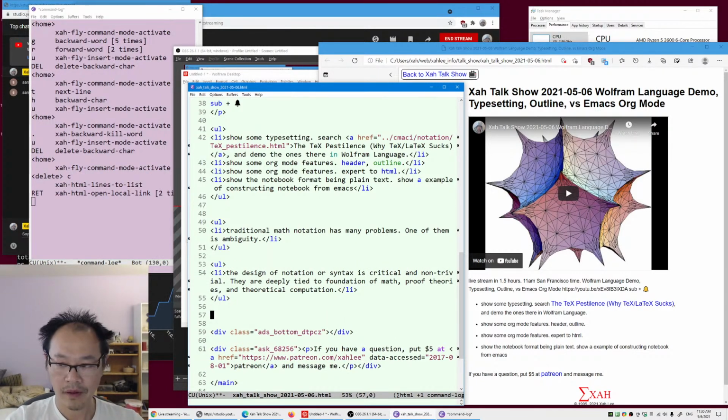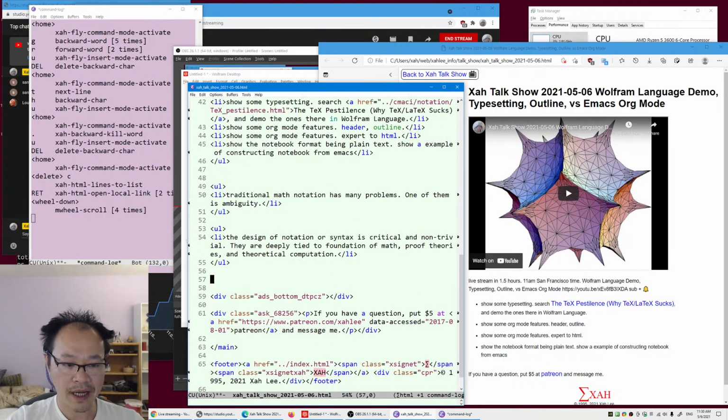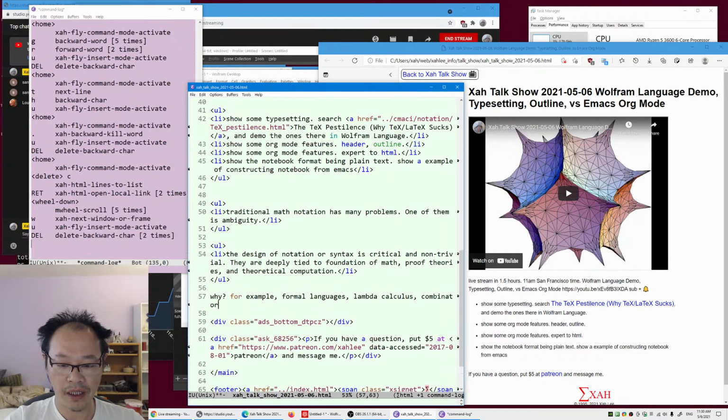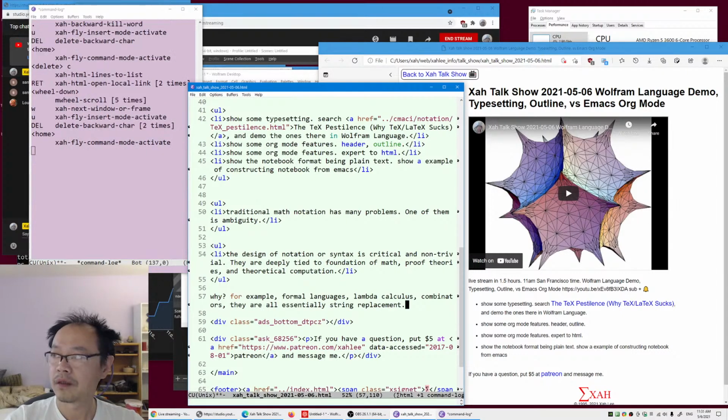Then, why is that? For example, formal languages, lambda calculus, combinators, they are all essentially string replacement.